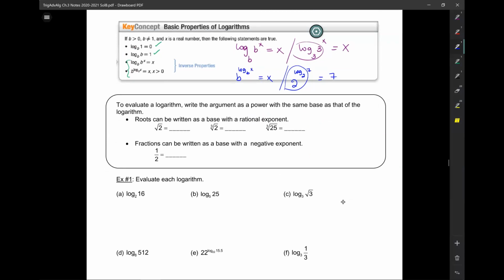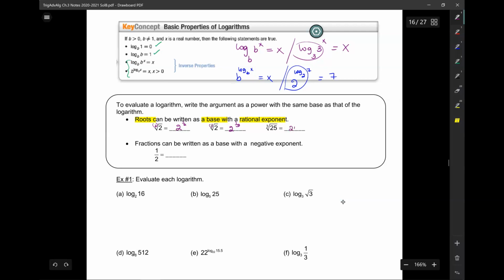Before we do some big time logarithms, let's recall a little bit about roots that we've learned before. Roots can be written as a base with a rational exponent. So if I have the square root of 2, there's a tiny little 2 there, so I can write this as 2 to the power of 1 over this number 2. Here I have a 3, so I can rewrite that as 2 to the power of 1 over that number 3.